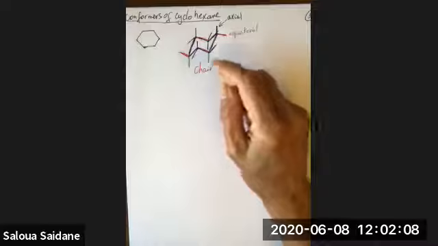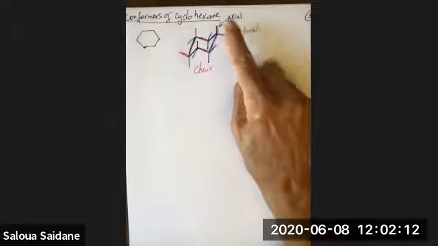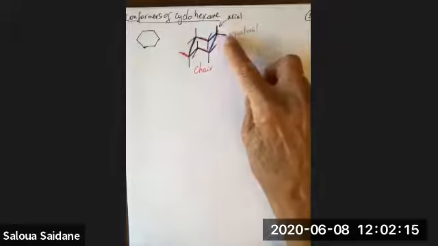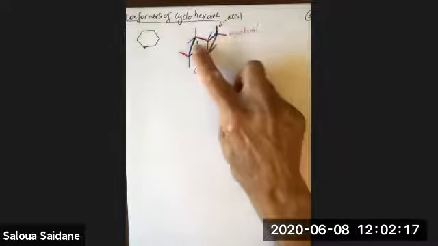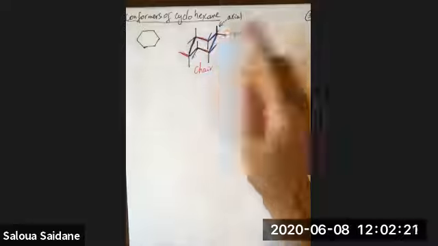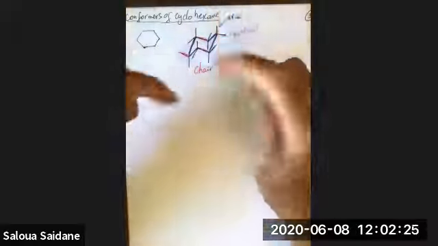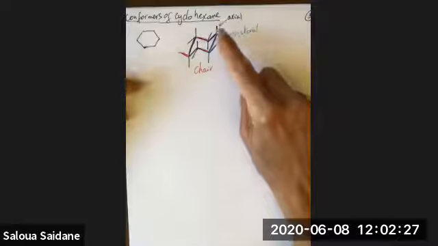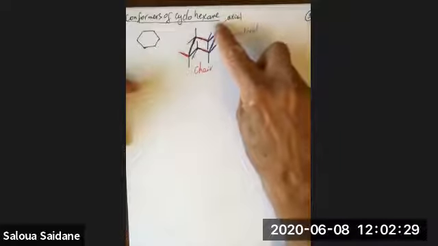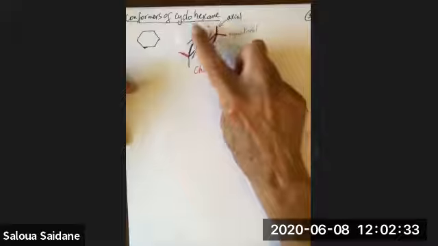It has the ring that looks like a chair, and then you have the other bonds that are either axial or equatorial. And you notice all the equatorials are outside, away from the ring, and the axial are either above the ring or below the ring. So it's obvious that because they're above and below, they will have more interactions, and they're not the most stable ones.